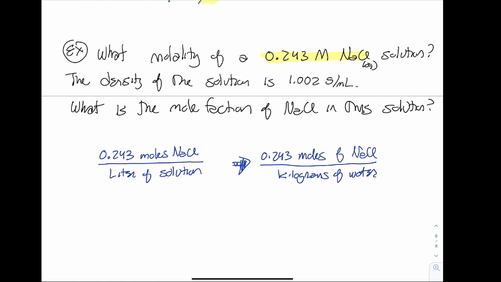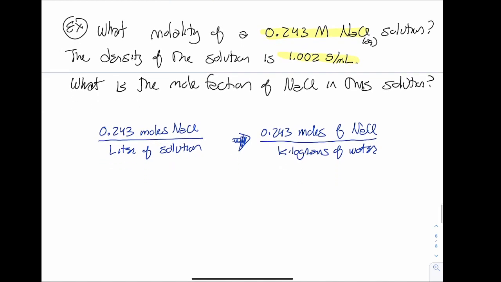What I'm trying to get to is just the water on the bottom in terms of mass. I can convert between volumes and mass using my density, right? That's what my density is going to do for me. And then once I do that, if I have the total mass, I can subtract the mass of sodium chloride from the total mass. That'll leave me the mass of water. So that's our plan.